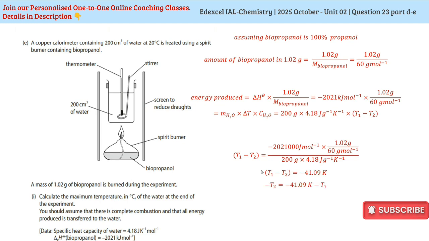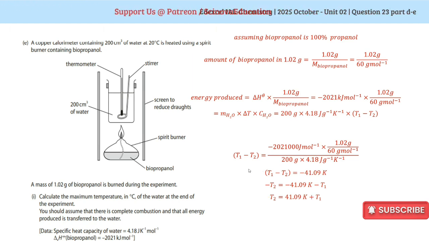When I simplify that, I'm getting minus T2 equals minus 41.09 minus T1. This is a difference of temperature in kelvins that is equivalent to a difference of temperature in degrees Celsius.